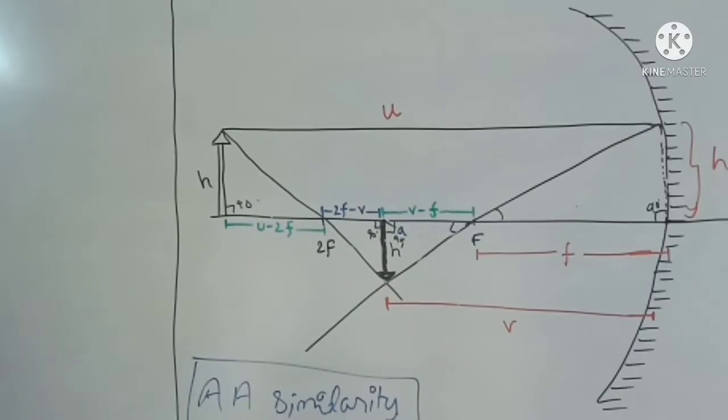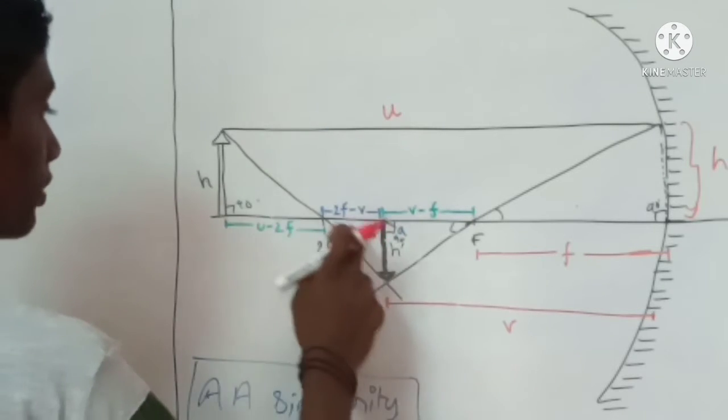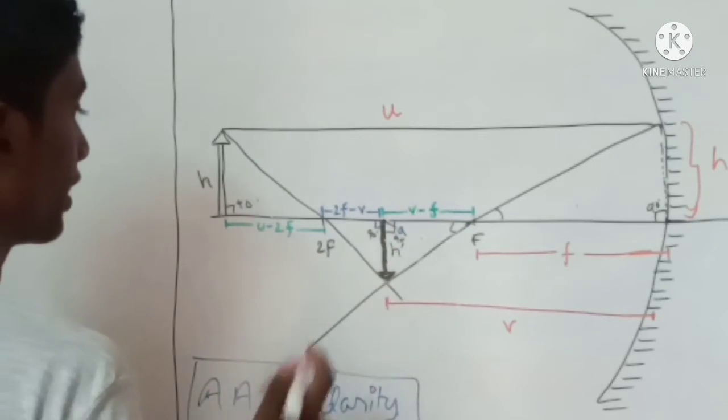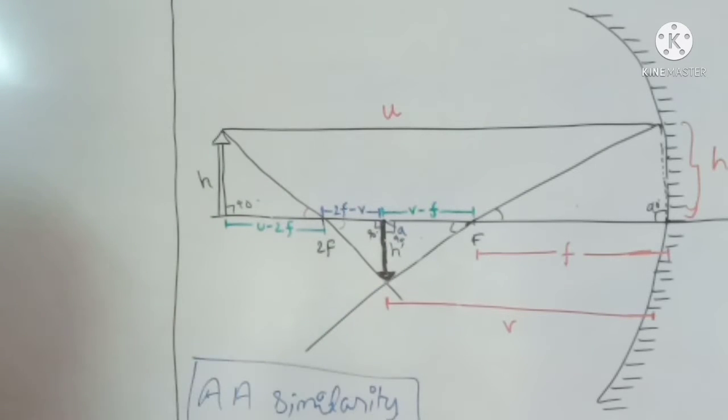I have a second pair of similar triangles, because these two angles are 90 degrees and these two angles are vertical opposite angles, so they are equal.